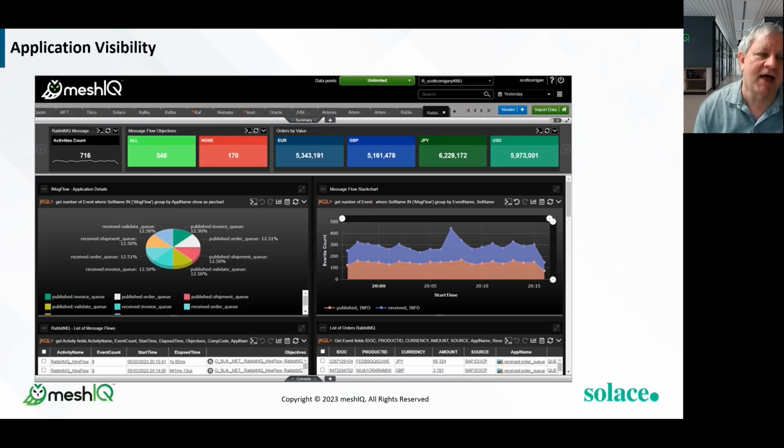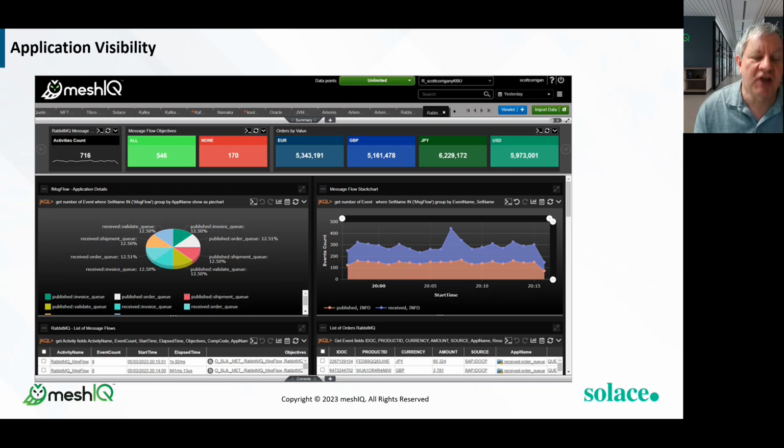And that's where, again, a platform like meshIQ comes into play, because we have different ways of looking at it, right? So we might want to see what are the flows that are going on, how do they break down? How is the time being reported over time? Again, not just now, but maybe for the last day.